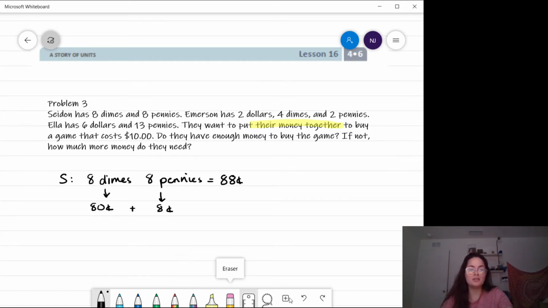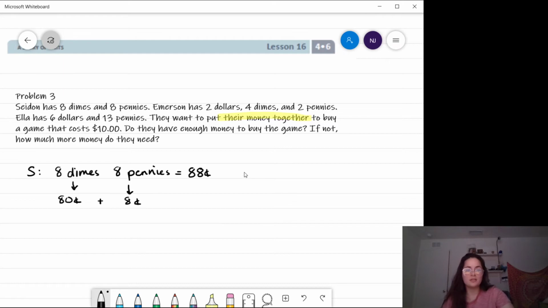So Emerson has $2, 4 dimes, and 2 pennies.